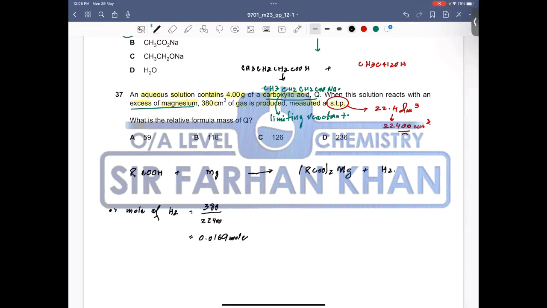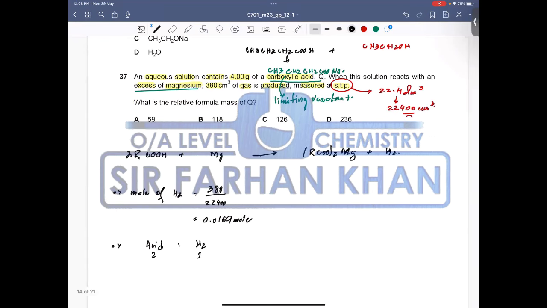See guys, we need to balance the equation. Why? Because we have 2 moles of RCOOH, which means we need to put 2 here, and now the equation is balanced. According to the balanced equation, acid and hydrogen gas have a ratio of 2:1.